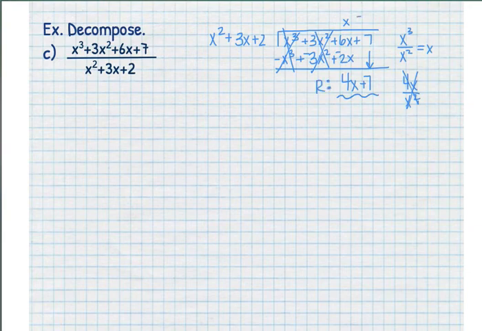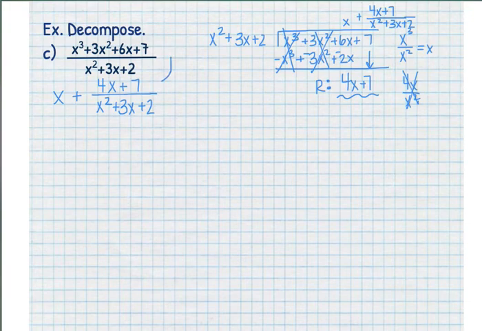So I have x plus 4x plus 7 goes in the numerator. In the denominator, we have that x squared plus 3x plus 2. All right, so now we're going to rewrite our problem as x plus 4x plus 7 over x squared plus 3x plus 2.